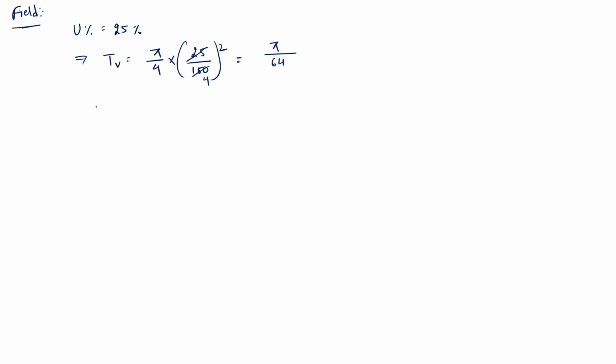You got the TV value, and you know the CV value from the previous calculations. From the formula CV t by D square, D in the field is H field by 2. H field is 25 meter, the clay is of 25 meter depth, so 25 meter divided by 2 is 12.5 meter.